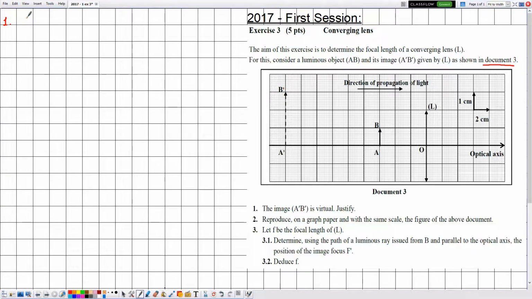So let's write down, since it is erect with respect to the object AB, then the image A prime B prime is virtual.